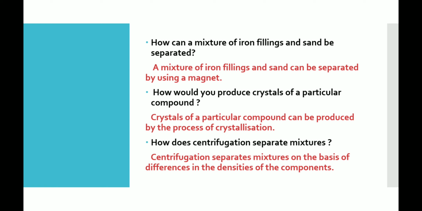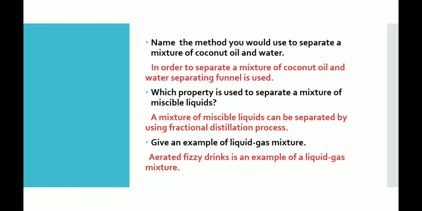Next question. How does centrifugation separate mixtures? The answer is, centrifugation separates mixtures on the basis of differences in the densities of the components. The next question. Name the method you would use to separate a mixture of coconut oil and water.